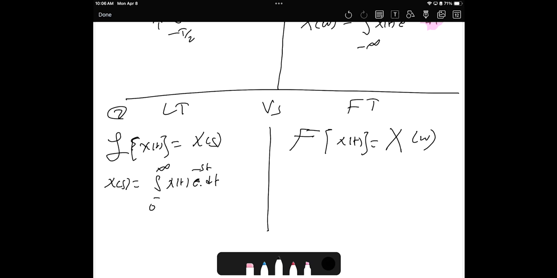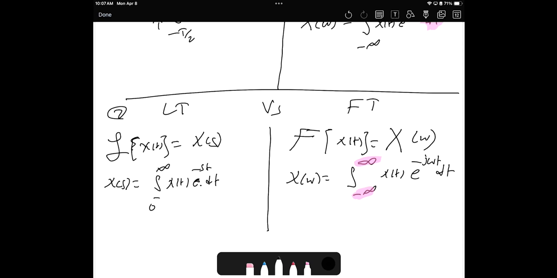In Laplace we used X of s, here we use X of omega. How to find X of omega? It is the integral from negative infinity to infinity of x of t e to the power negative j omega t dt.